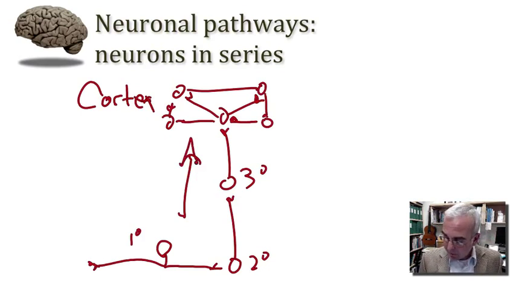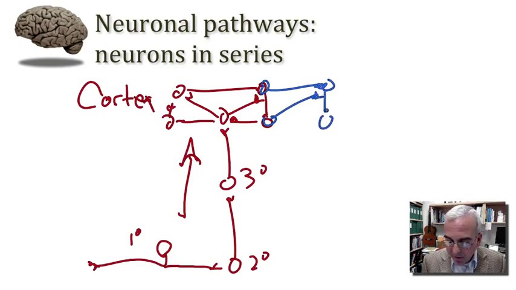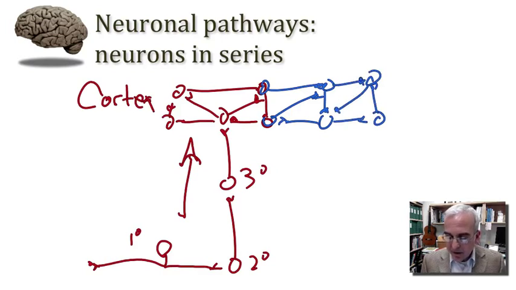Well, this cortical network also has a motor component to it, where these sensory signals are eventually integrated within some kind of a network that coordinates and produces an output. And that output eventually reaches our motor neurons and behaviors result.